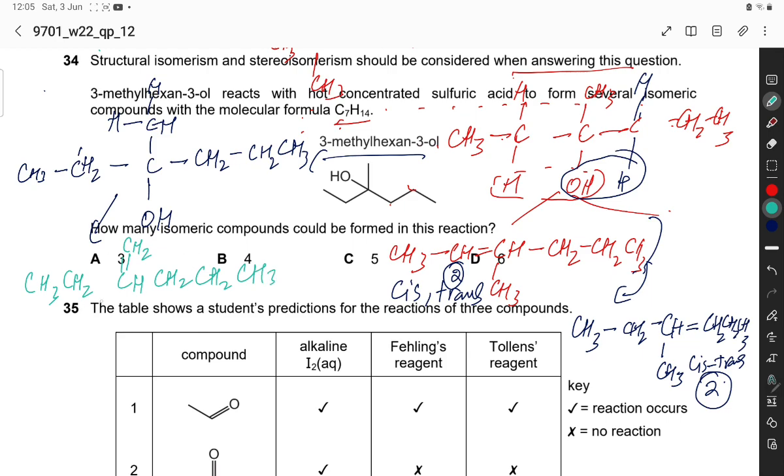This is a structural isomer. There are no cis-trans isomers because two hydrogens are on this double-bonded carbon. So no cis-trans but one isomer is there. So total isomers are 5. The option is C.